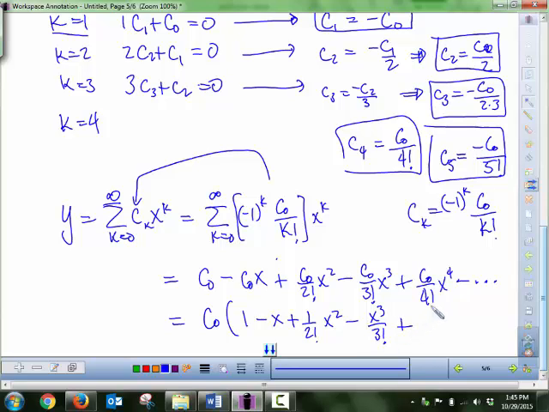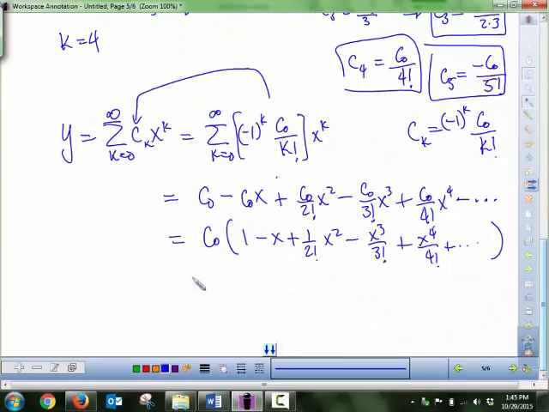And it looks almost like the exponential function, but it has positive and negative alternating. Anybody know why that is?